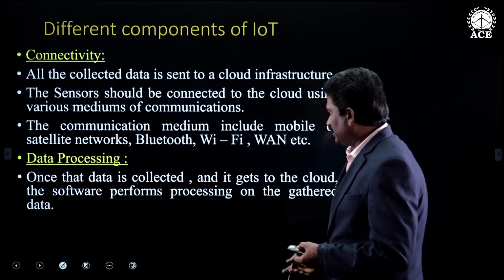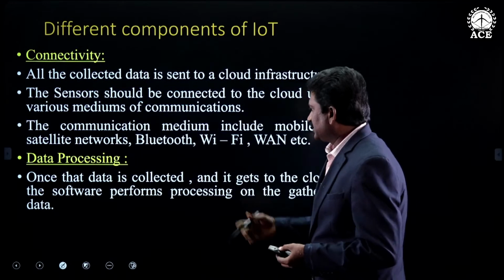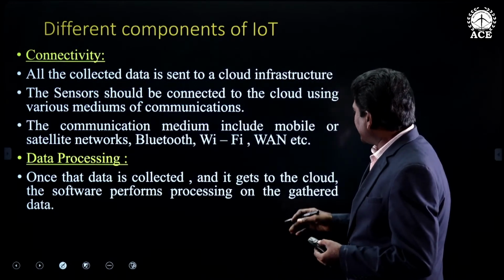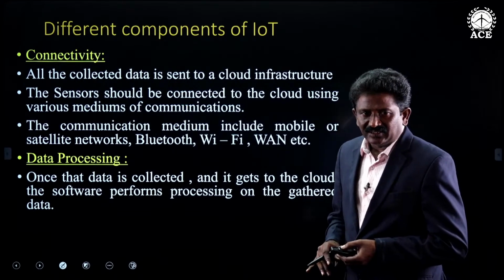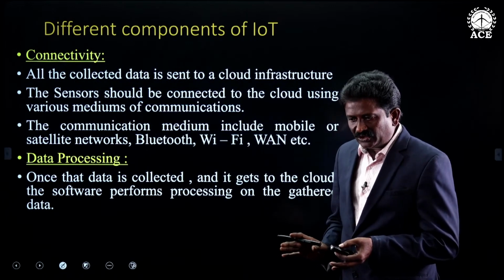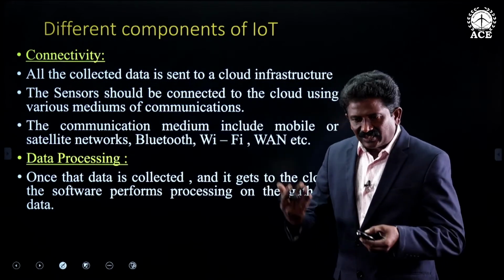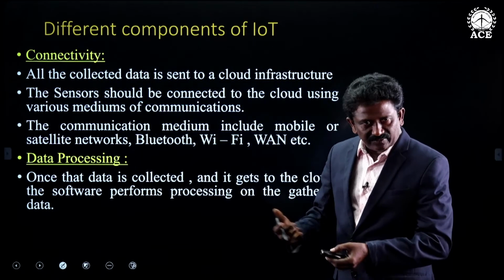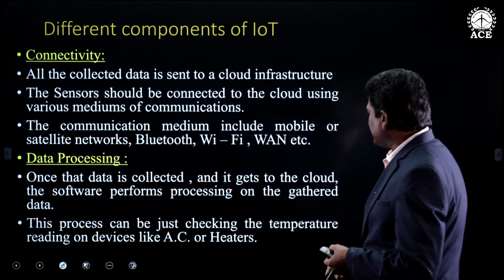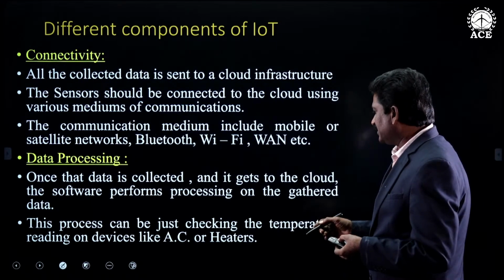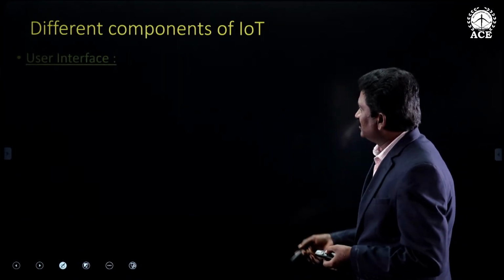That means you should collect some data from some device, and when it gets to the cloud, the software performs processing on the gathered data. With the help of some setup you should process the data according to our requirement. After that you can send it from the device to cloud with the help of communications. This process can be just checking the temperature reading on devices like AC or heaters. These are examples of the different components involved in IoT.